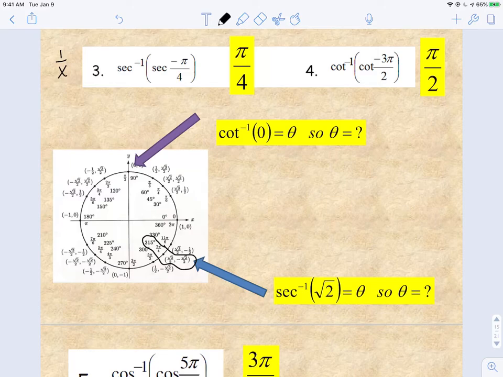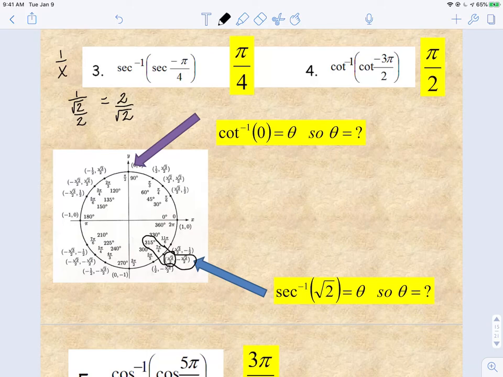So if we want the secant of that, we've got to take 1 over the cosine, or the x value, which is the square root of 2 over 2. So if I do 1 over the square root of 2 over 2 and flip that, keep, change, flip, I end up with 2 over the square root of 2.